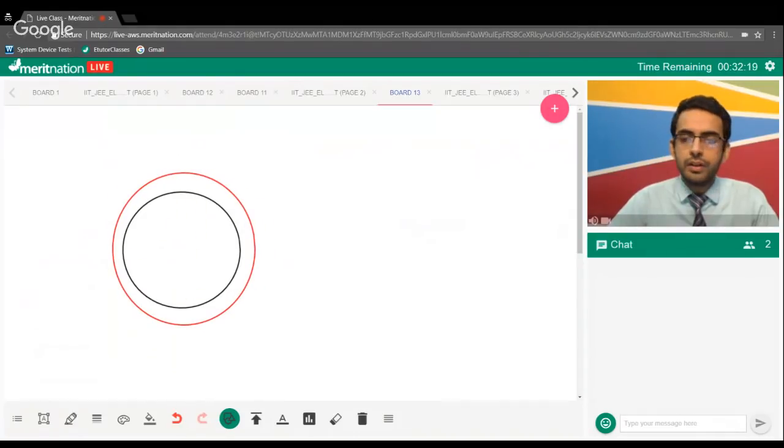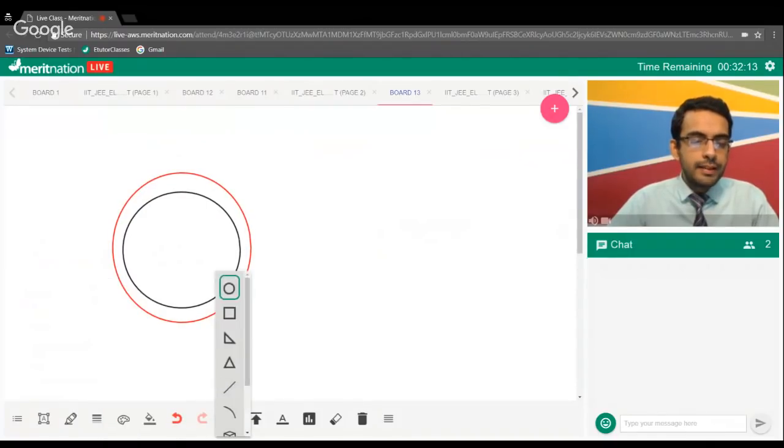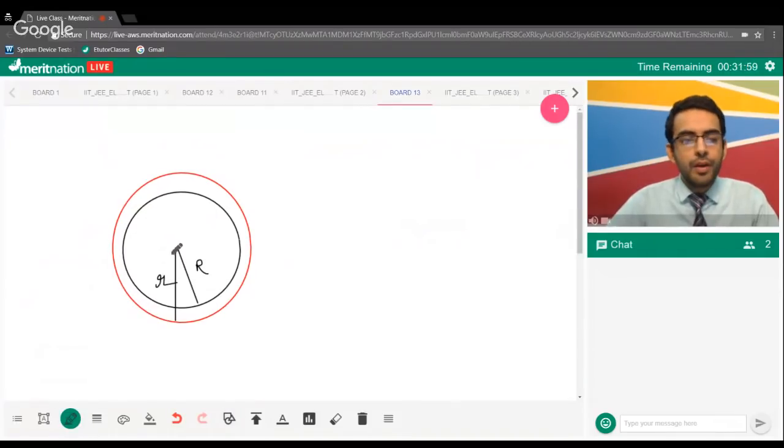Let's take the radius of the sphere to be capital R, and the radius of the Gaussian surface to be small r. This is the center of this sphere.